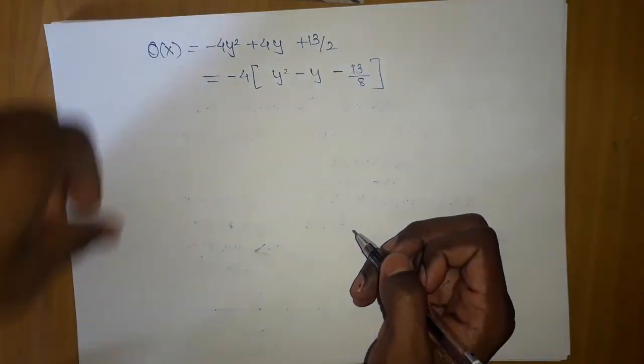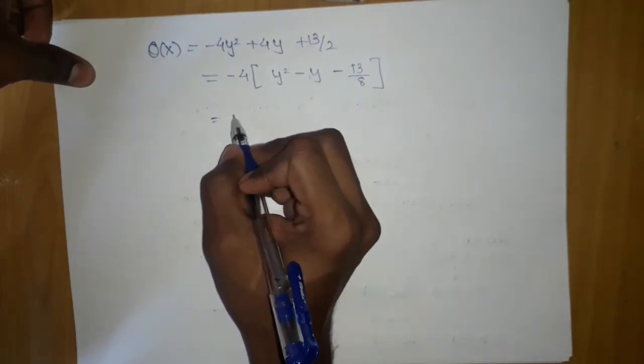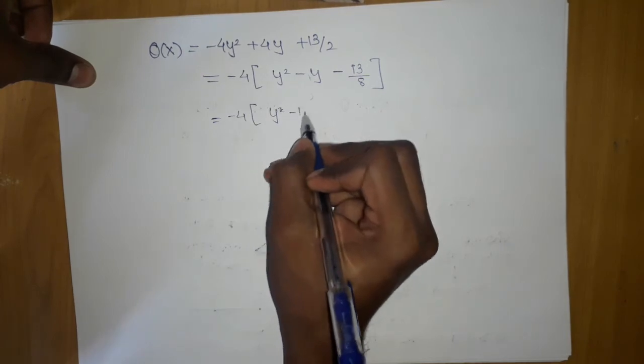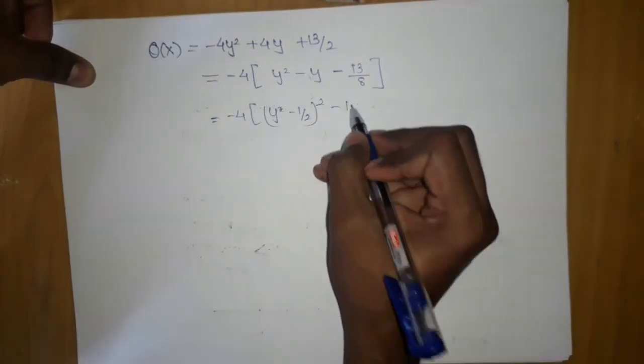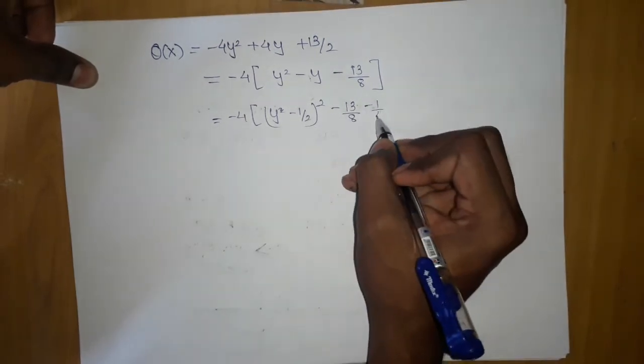Now divide it by 1 by 2, so inside we get y minus 1 by 2 the whole square. With a negative sign, add its square, which is 1 by 4.